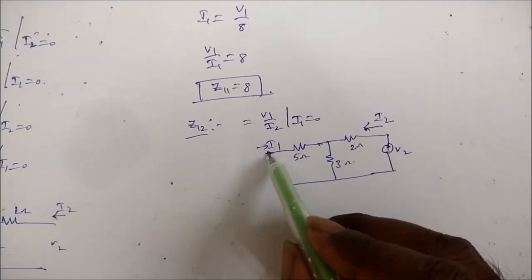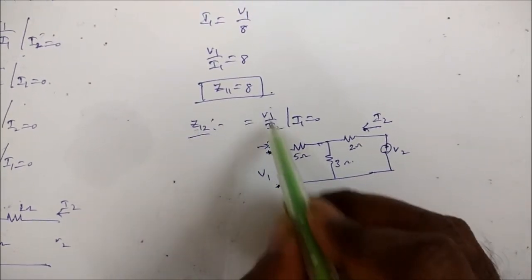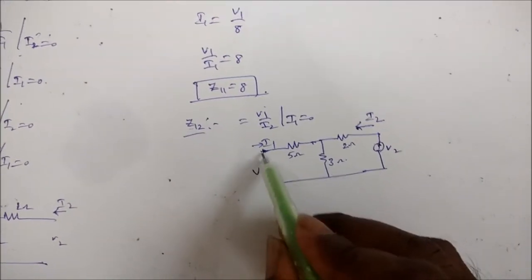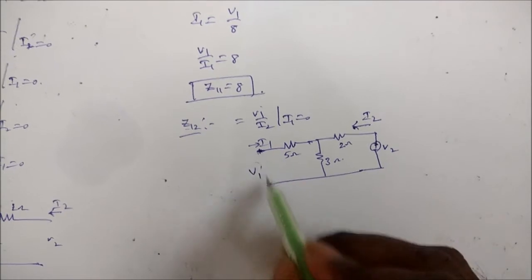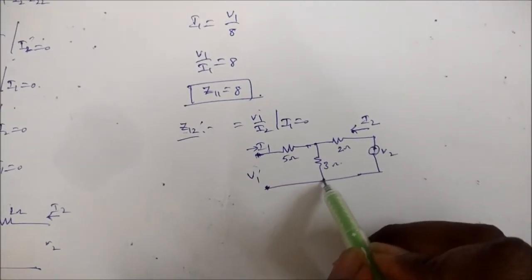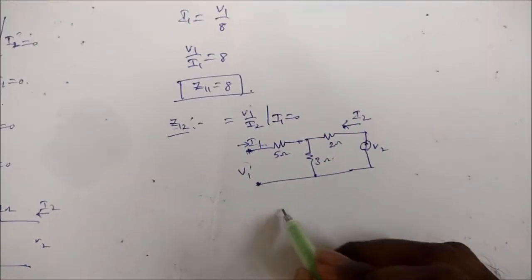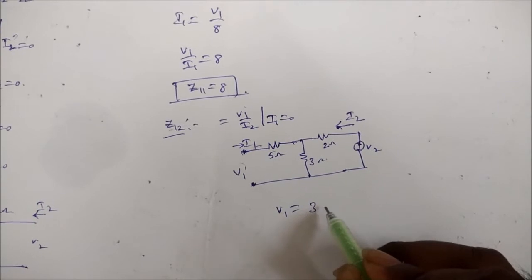So now we need to find out V1 because Z12 is equal to V1 by I2. So we need to find out V1, that is the voltage across these two terminals. Understand? So here I1 is 0. Total I2 is flowing in this direction. So V1 is equal to 3 into I2.